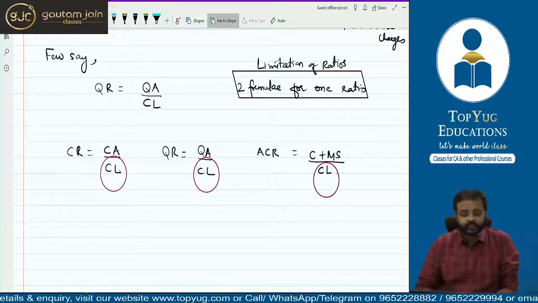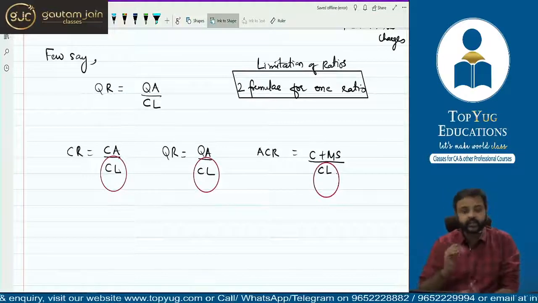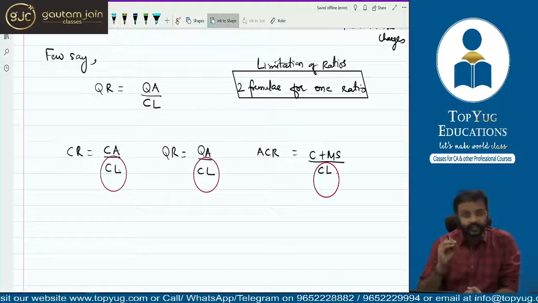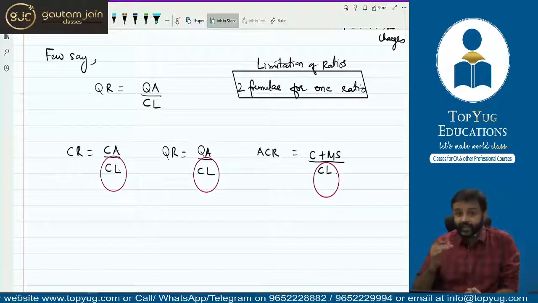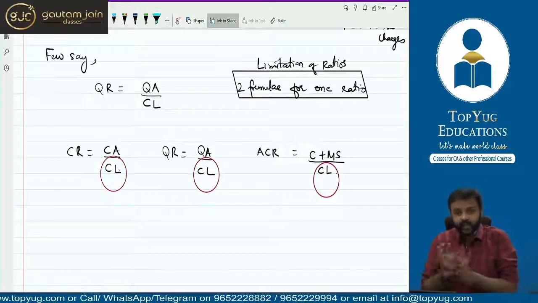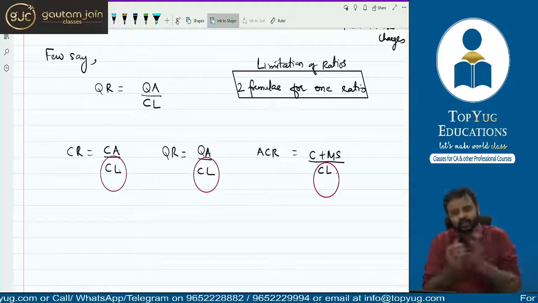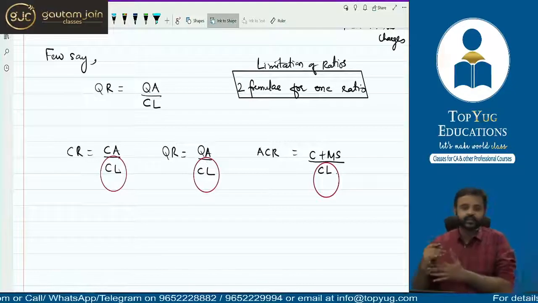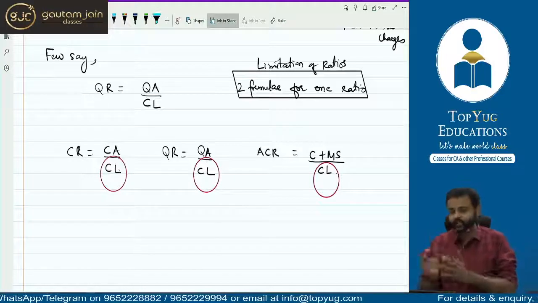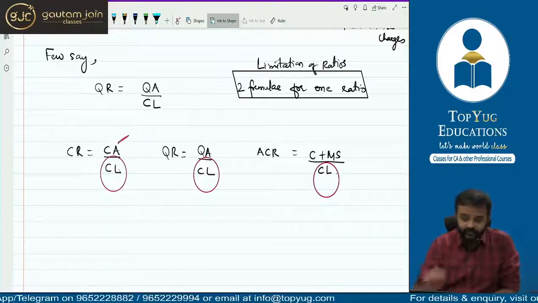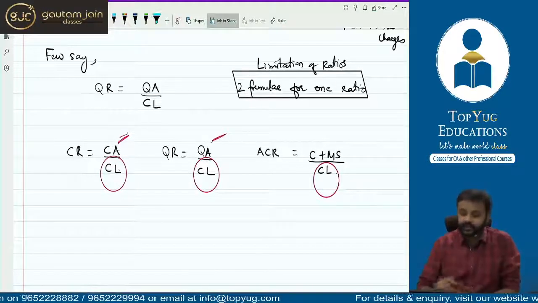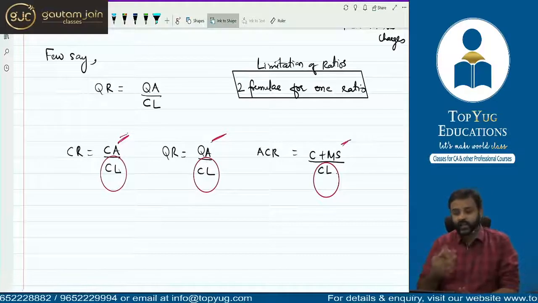So what does this show? We are checking the adequacy of current assets to pay off current liabilities, or the adequacy of quick assets, which are in cash form or can be converted into cash easily, or comparing directly with cash. First we compare current assets with current liabilities, next quick assets with current liabilities, then directly cash with current liabilities.